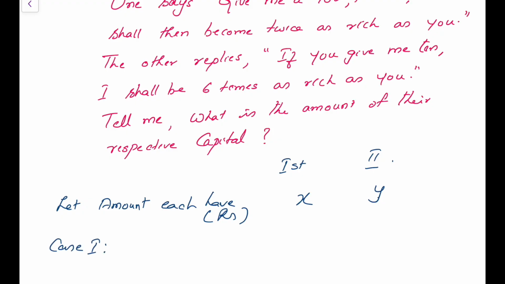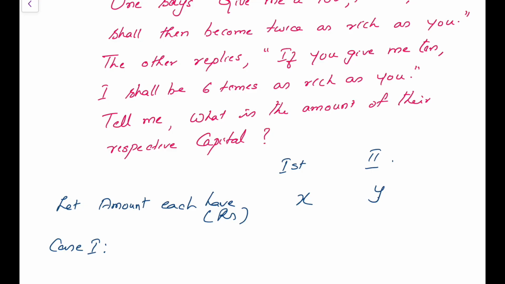Now case 1. One says, so the first person is telling, give me 100 friend. So the first person is asking the second person to give him 100 rupees from his amount.